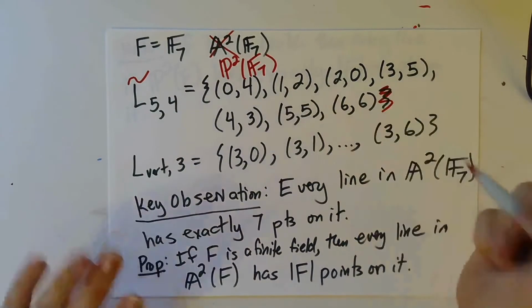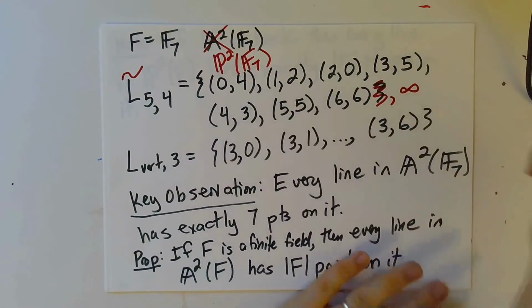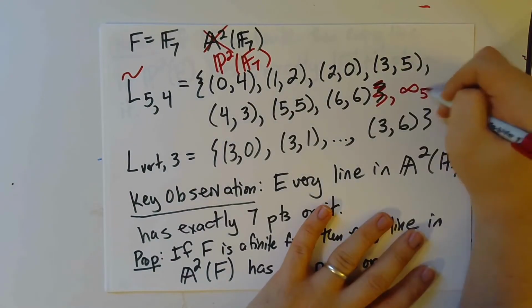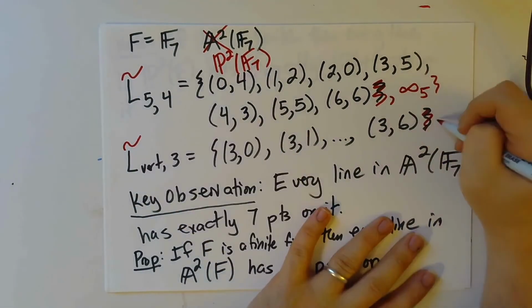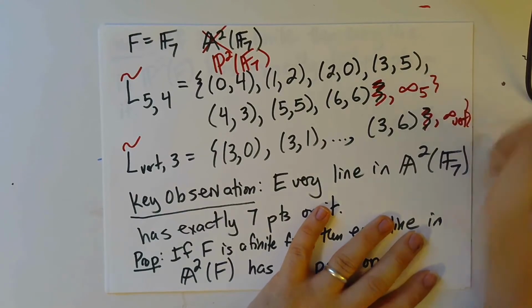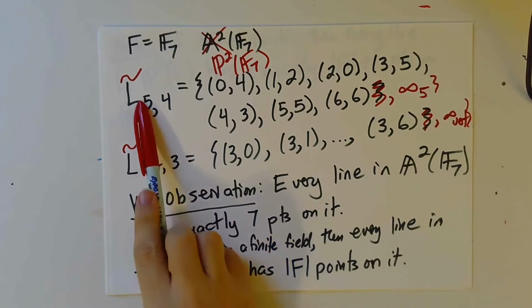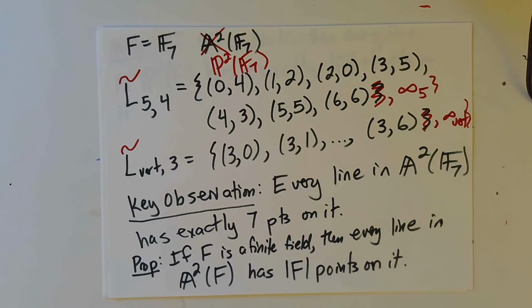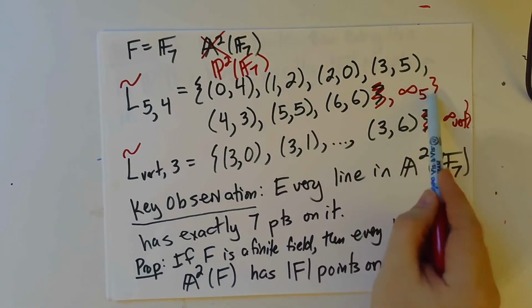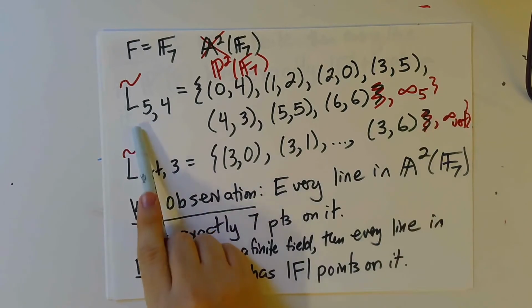And then instead of having these 7 points, we're going to throw in, in this particular case, this line had slope 5, so we'll throw in infinity sub 5. And here, we'll throw in infinity sub vert. And so, these new lines now have 8 points. And so these things are literally the cards and symbols of our deck. The points, including the infinity sub whatever, those are the symbols of my deck, and the lines are the cards.